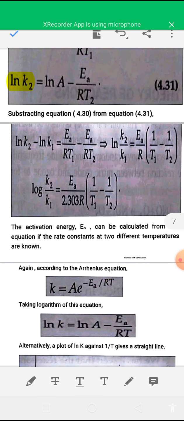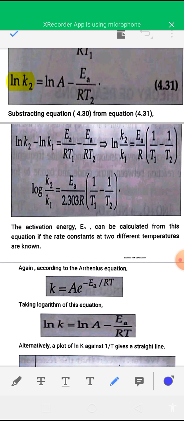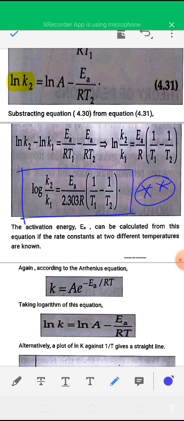After further rearrangement, we get this very important equation: log(k2/k1) = Ea/(2.303 R) (1/T1 - 1/T2).